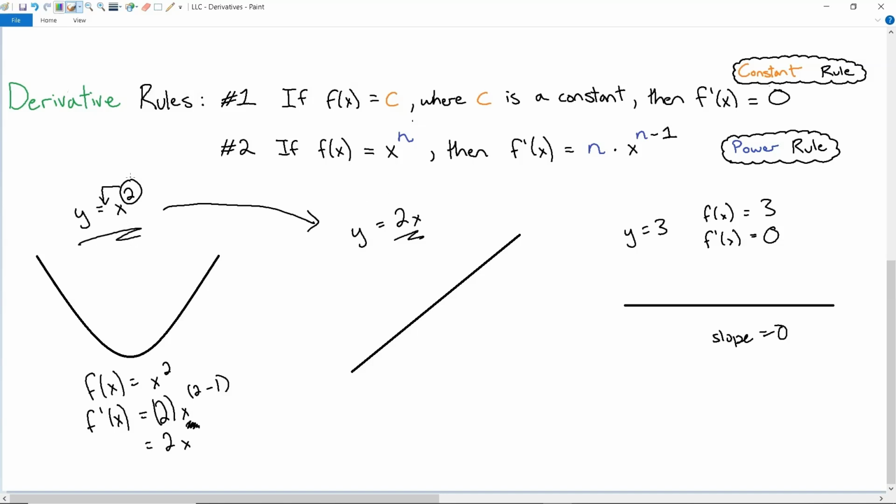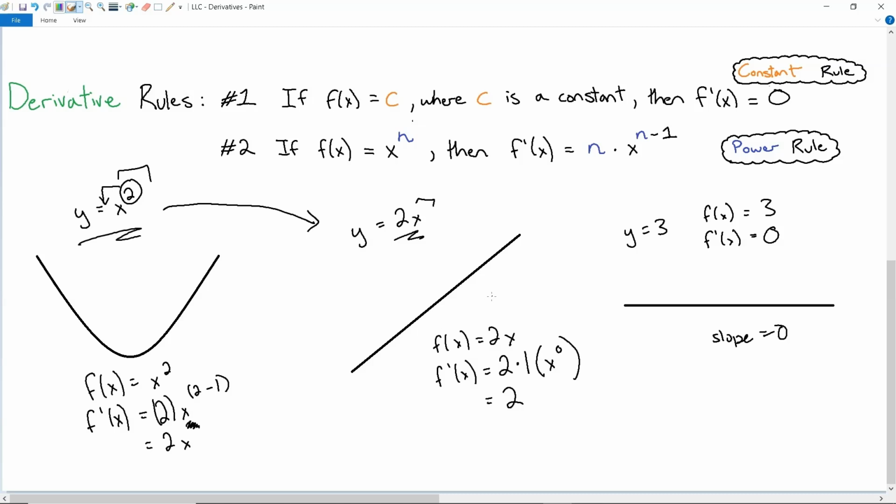So here we have a degree to the power of 2, and here we have a degree to the power of 1. And let's say I have f of x equals 2x. If I were to find the derivative of this, it would be 2 times 1 times x to the 0, which would just be a 2.